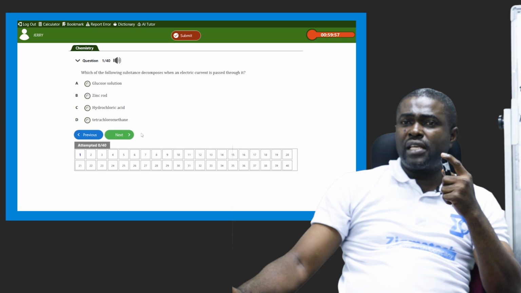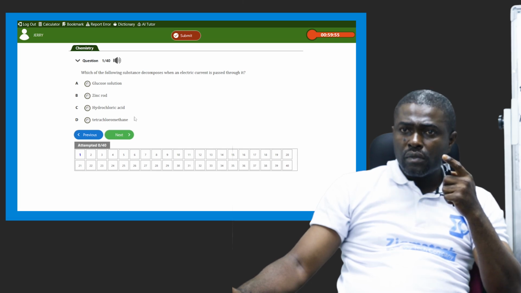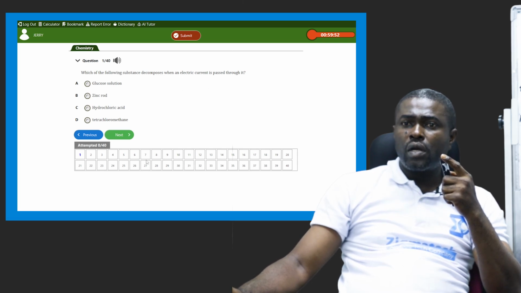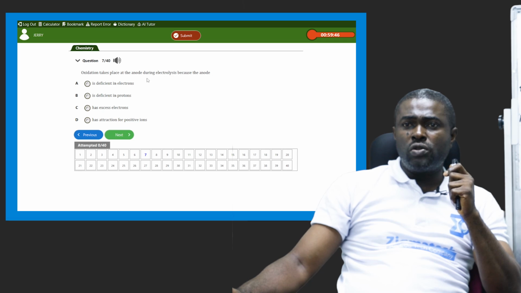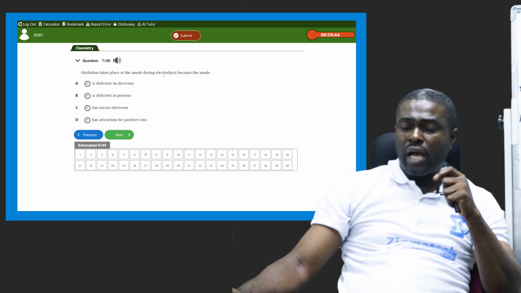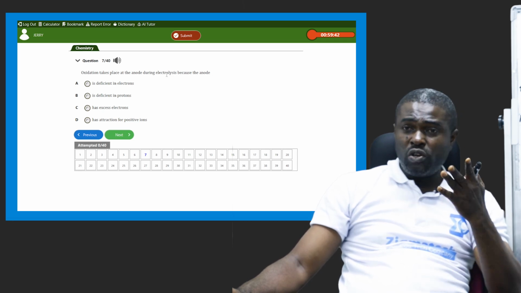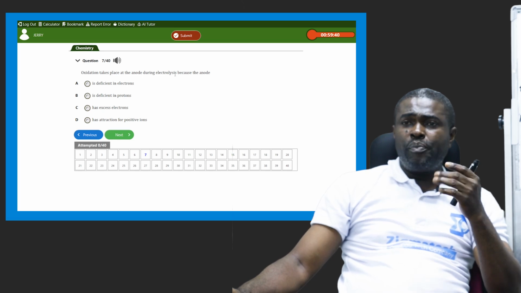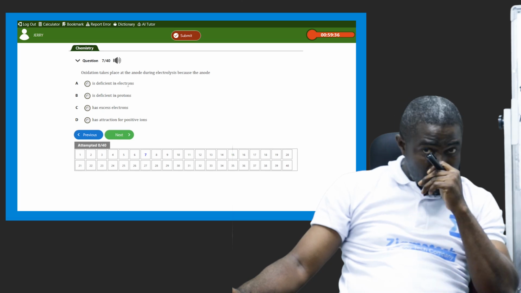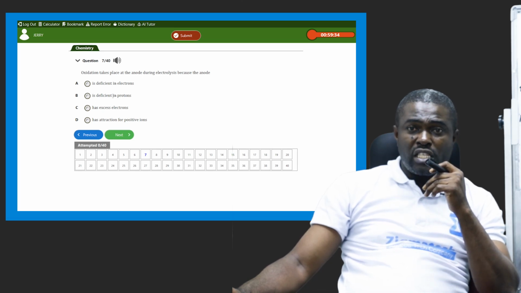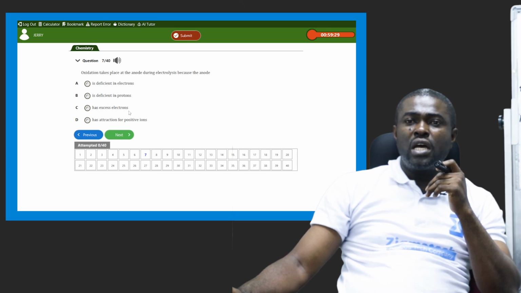The first question here says, okay, let's pick at random. It said, oxidation takes place at the anode during electrolysis. I have said this severally. At the anode is oxidation, because the anode is deficient in electrons, has excess electrons, has attraction for positive ions.